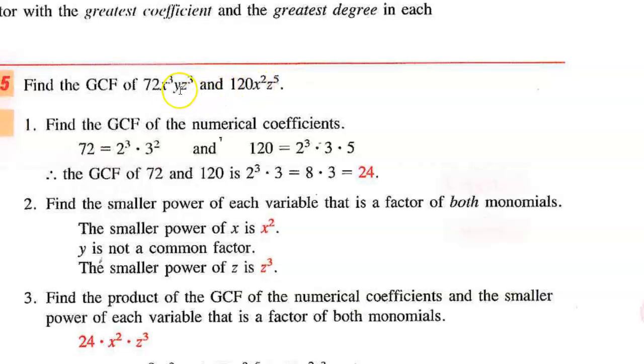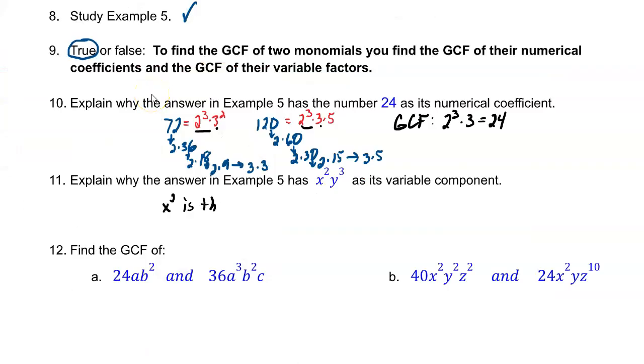The factor y does not appear in both numbers, it's not common. The factor z is in both, and the smaller power on the z is z to the third power. We can write our answer here. Whoops, in writing this out, I notice I've made a mistake on the note page. It wasn't the letter Y that was common to both, it was the letter Z. So please make that correction right here.